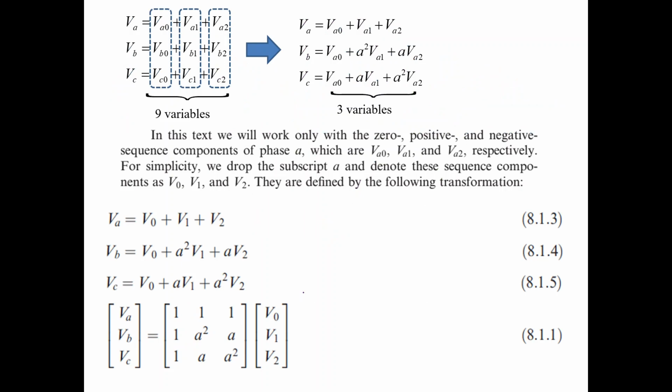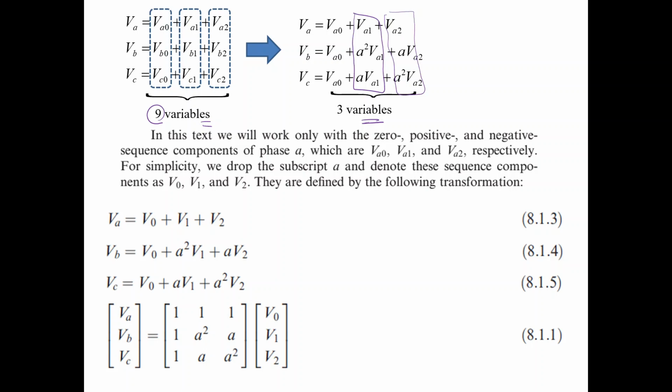In this case, you can substitute the properties that we have derived earlier. You can reduce the number of variables from 9 to just 3. I have shown you already for the positive sequence term: for ABC, you can express this in terms of VA, VA times A squared, VA times A. Similarly, you can express the negative sequence.